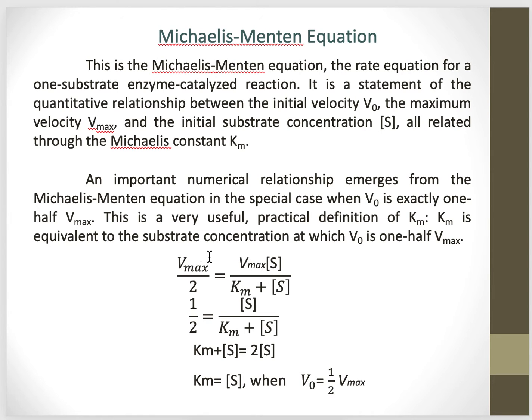We can omit Vmax from both sides, and eventually the equation becomes Km equal to substrate concentration. So from this equation, we can define Km: when V0 is half of the Vmax, Km is equivalent to the substrate concentration.